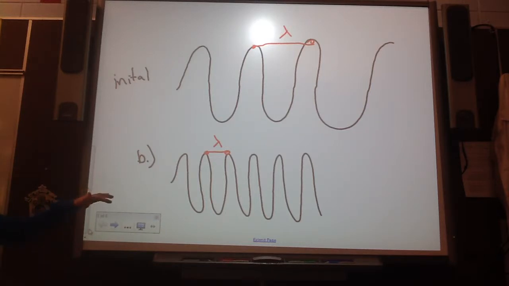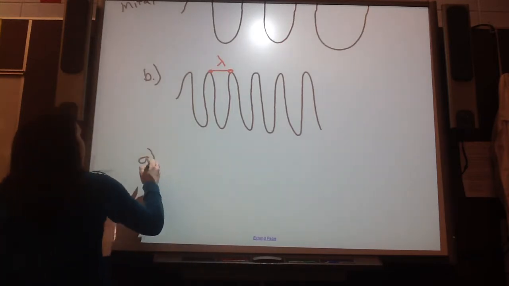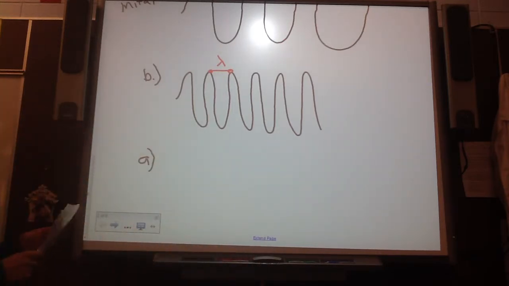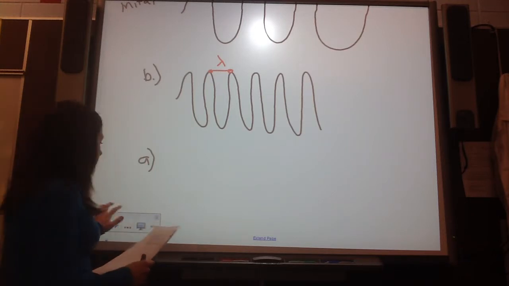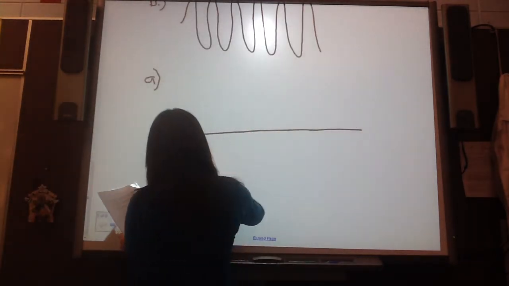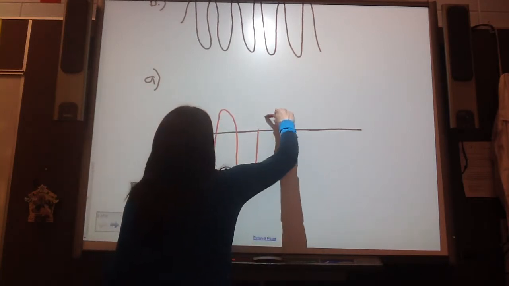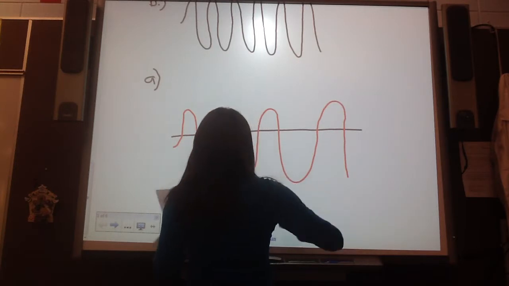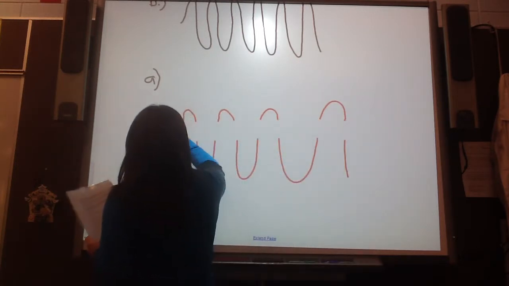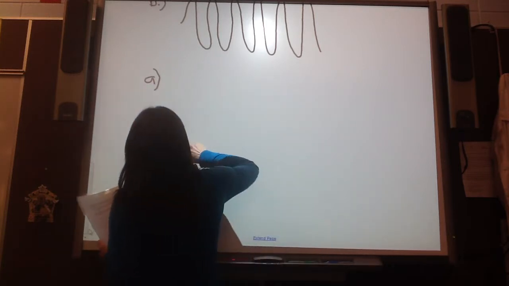So let's draw a diagram for A then, too. So if amplitude changed from our initial, it increased. Say this is our equilibrium, and this is our initial. Oh, that's bad, it's not in the middle. I'll draw it again.